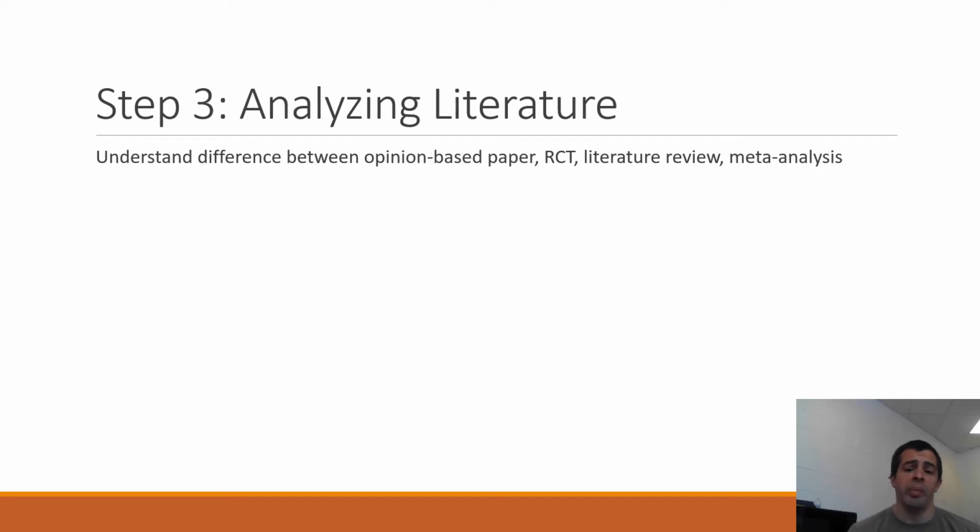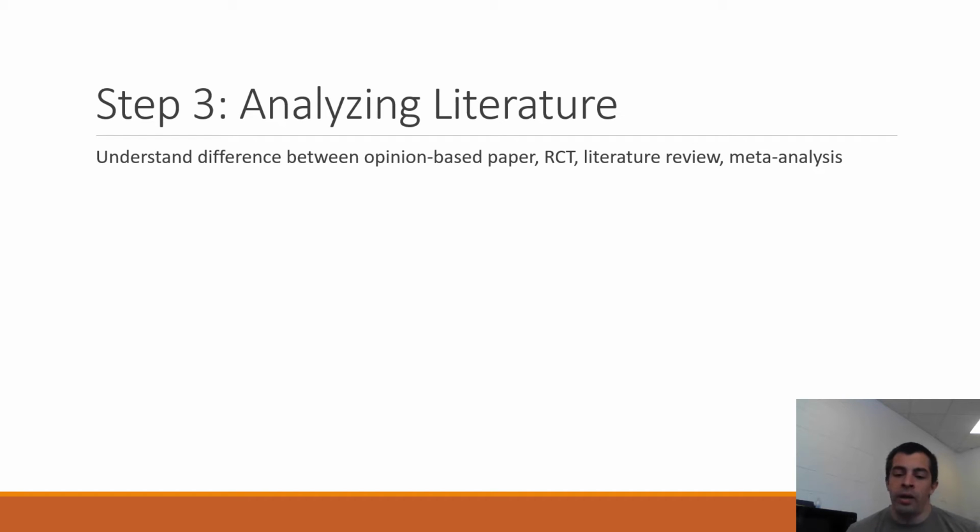And then finally, a meta-analysis is kind of the top tier, what I'll call a super literature review. Except instead of just providing a recommendation, they actually provide a statistical analysis combining all the different studies they've gathered, and they can give you an actually evidence-based recommendation because it's done on statistics.